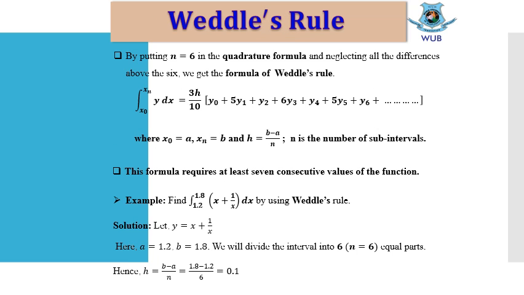Now, Weddle's rule. In Weddle's rule, we have to consider n equals 6 and neglect the differences of orders higher than 6.